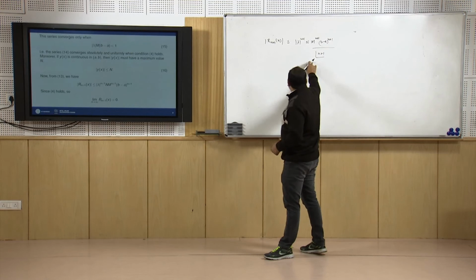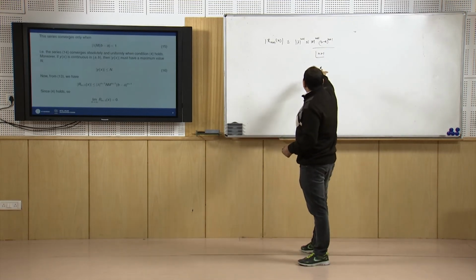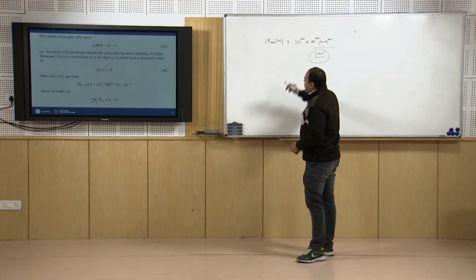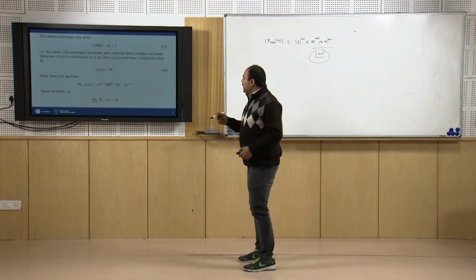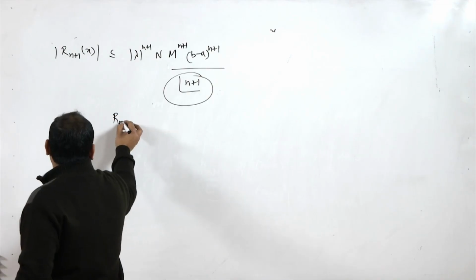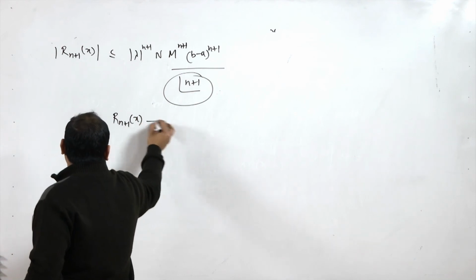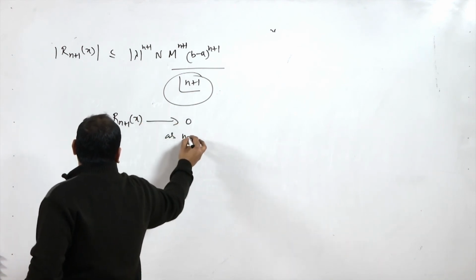Again as n tends to infinity, this term goes to infinity very fast, which makes R_{n+1}(x) tend to 0 as n tends to infinity.